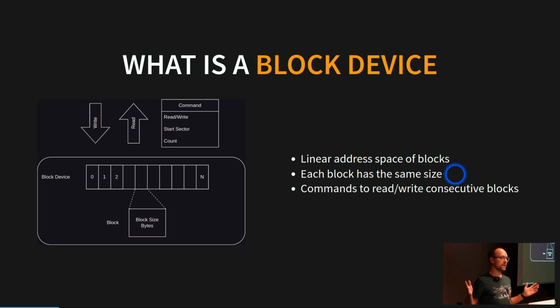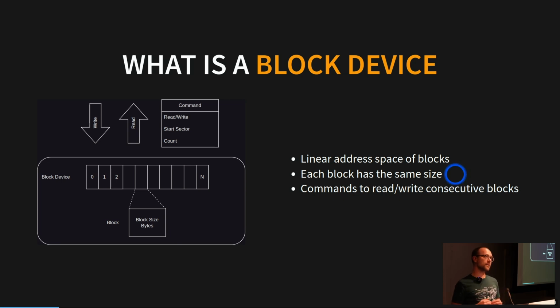So it's basically a big array of byte chunks, and we can read and write these byte chunks by sending commands to our device. I hope the text in the figure is visible. Over here? Good. So we send read and write commands to this device.